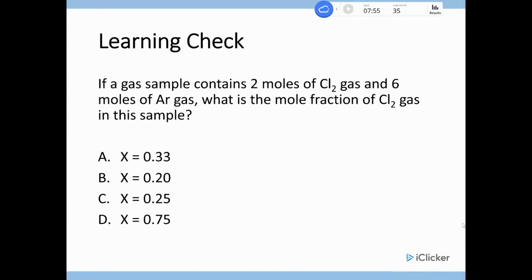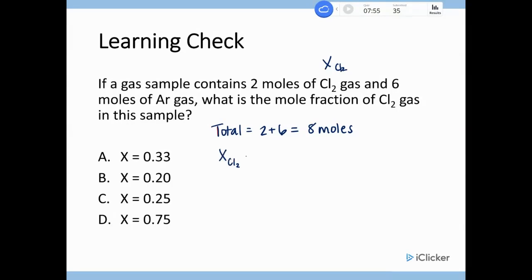We have 6 moles of argon. So that means our total moles is 8 moles. We're asked for the mole fraction of chlorine gas, Cl2.